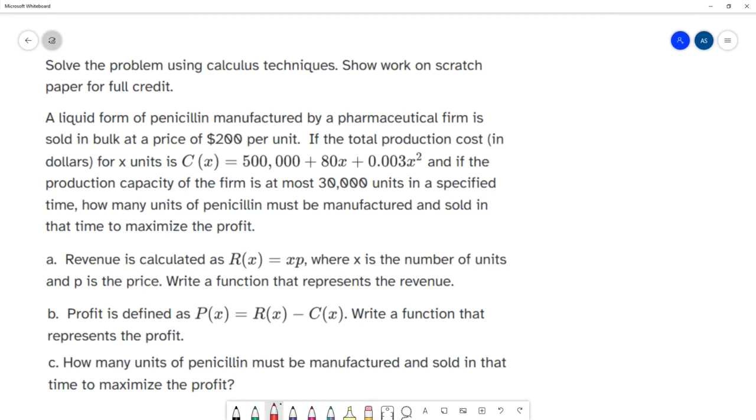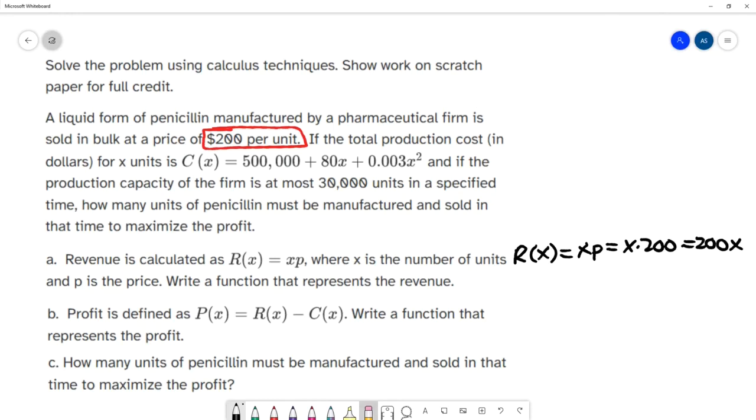So the price per unit is $200. So our revenue will be X times P, that's X times 200. So we have a formula for revenue being 200X.